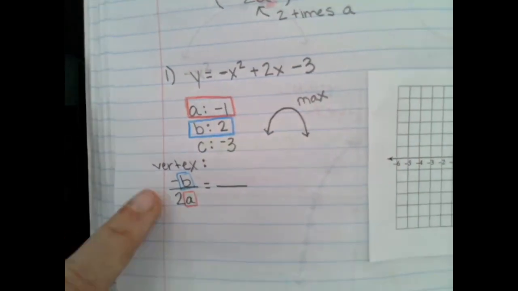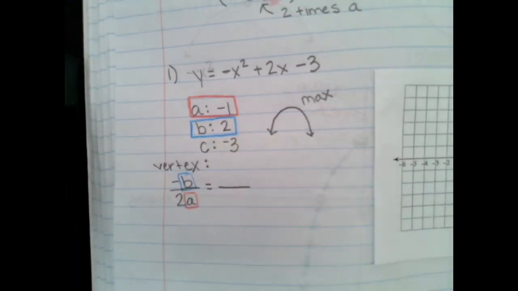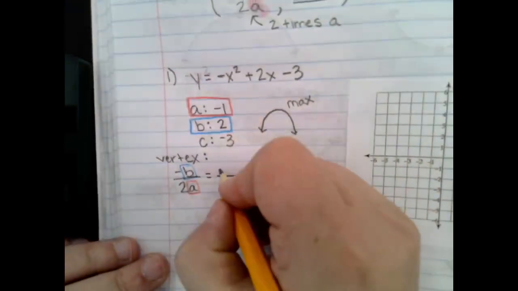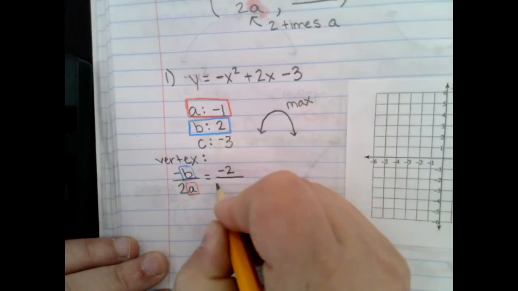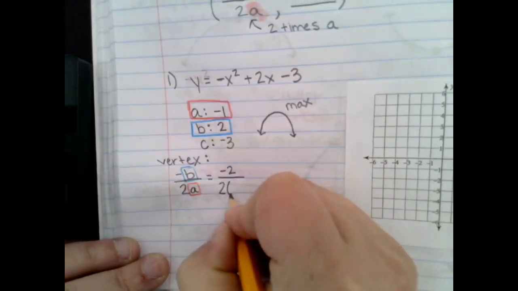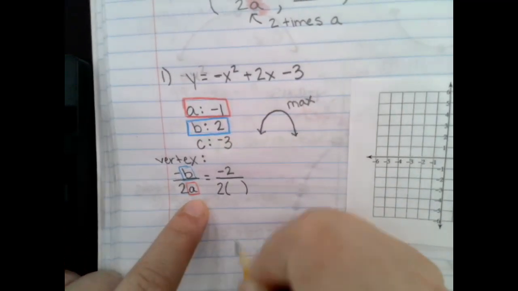So on the top there, I have to think opposite of B. What is my B again? 2. What's the opposite of positive 2? Good. Negative 2 over 2 times, and then I need my A. What is my A?